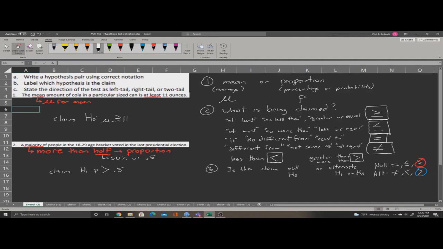Traditionally, we'll write the null hypothesis first, so let's make some room for it here at the bottom. We also need to ask ourselves, what's the opposite of the claim? The opposite of the claim will be the other hypothesis.